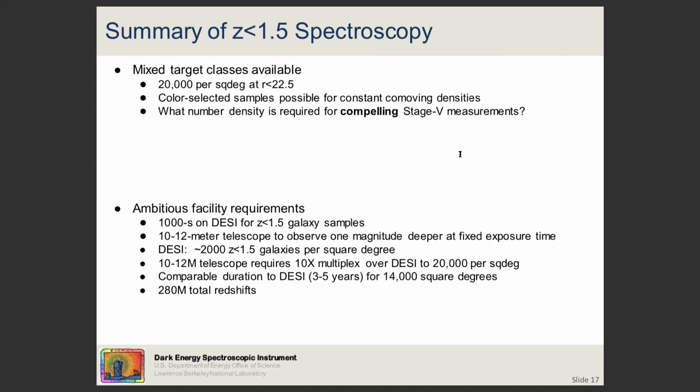Now, to make some other hand-wavy estimates, calibrating to DESI rates of redshift efficiency, if you move to a 10 to 12 meter class telescope, you increase the number density by a factor of 10, and you're in a regime where you can get 280 million redshifts over 14,000 square degrees. But you require 10 times the multiplex power of DESI on this 12 meter telescope, and you require a DESI-like timescale, 5 years.